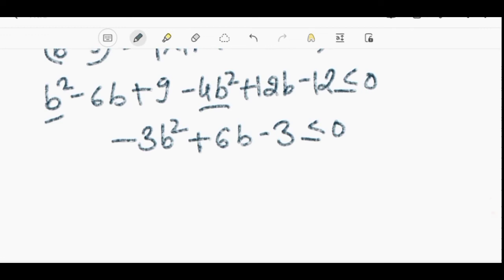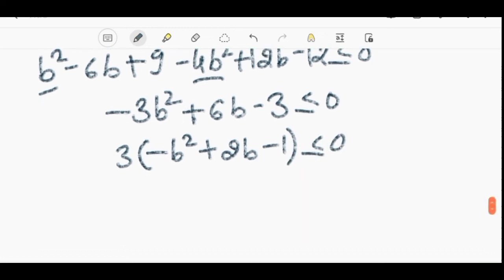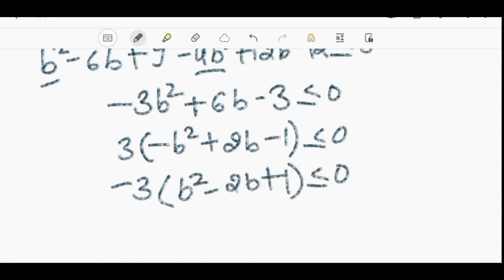And we can simply take 3 common. So 3 multiplied by minus b squared plus 2b minus 1 smaller than or equal to 0. We can also take the minus sign common, so we'll obtain minus 3 times (b squared minus 2b plus 1) smaller than or equal to 0.